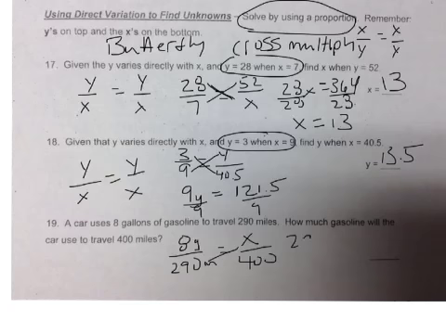So 290x. 8 times 400 is 3,200. When it's beside it, we divide it, so I divide both sides by 290. And 3,200 divided by 290 is 11.03. Okay? So it would take 11.03 gallons of gas to go that far.